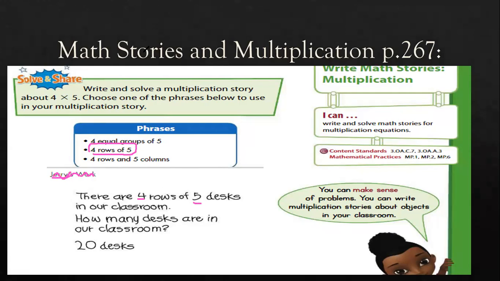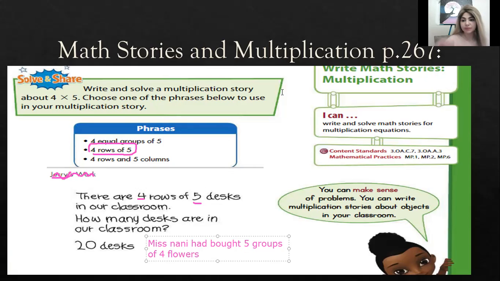from the equation. So if I write another story like, Miss Nanny bought 5 groups of 4 flowers to give to my lovely students.